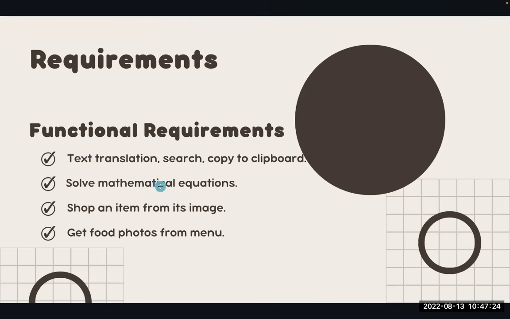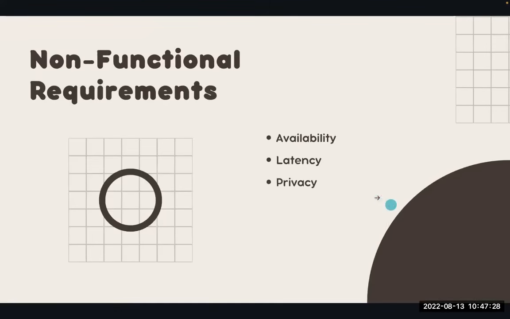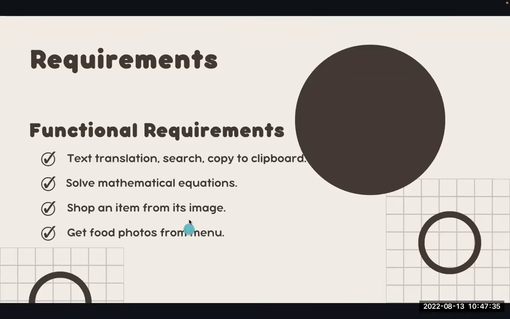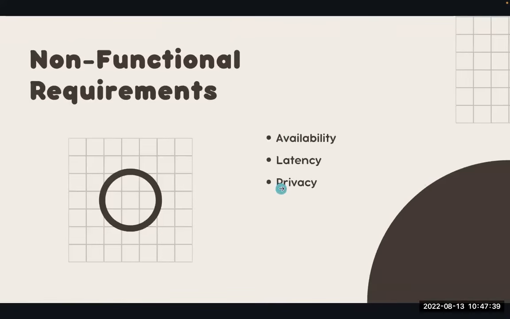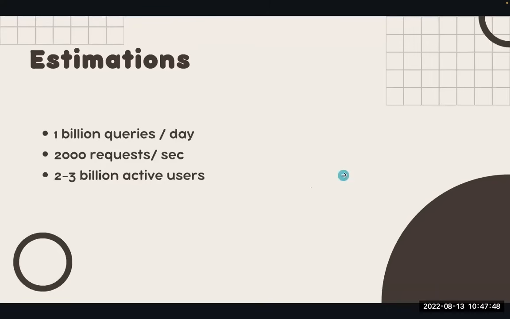These are the 4 MVPs that we are targeting, and these are the only things that Google Lens does today. And then non-functional requirements you have to come up with in an interview. You need to come up with them. So these 4 you have to negotiate with the interviewer, that what problems you will be working on. And then these 3, from here on, these are all questions and answers asked by you. So these are the 3 things that we'll focus on: availability, latency, and privacy.